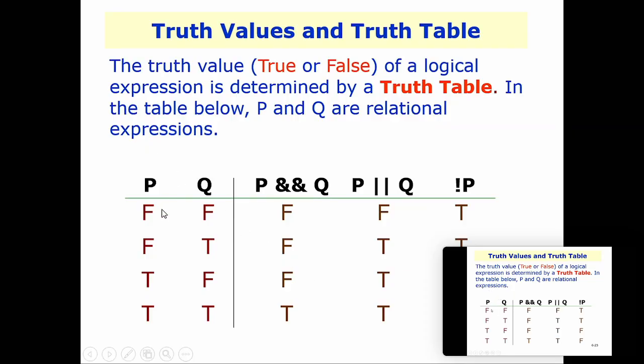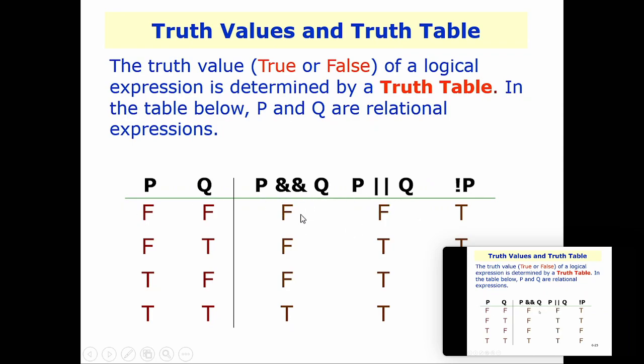So this is the truth table. Let's say we have the expressions P and Q, P or Q, and not P. If they are all false, they are false.